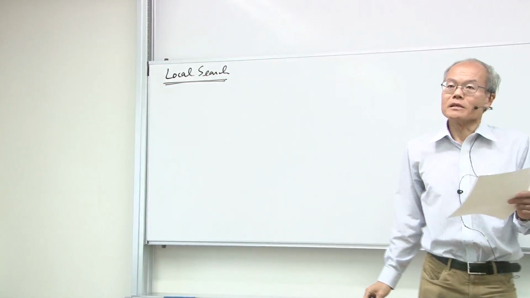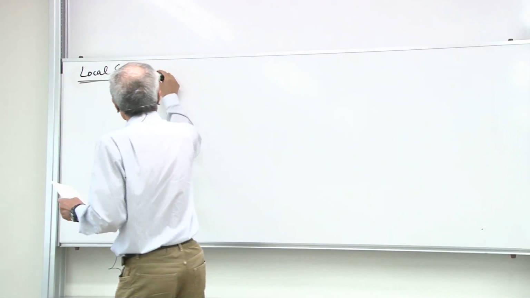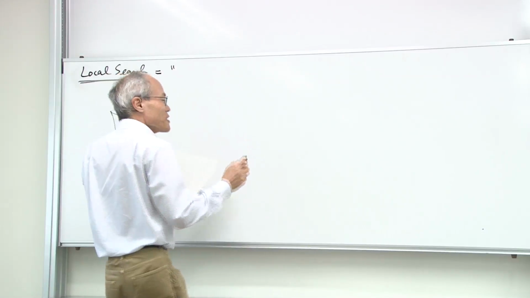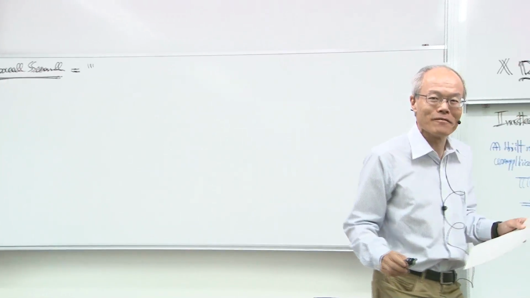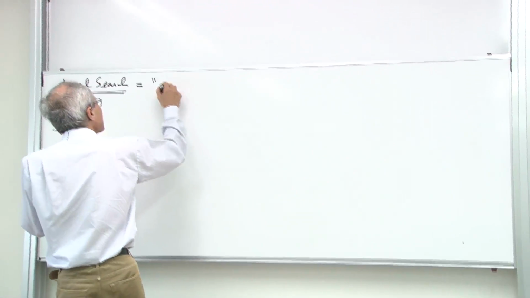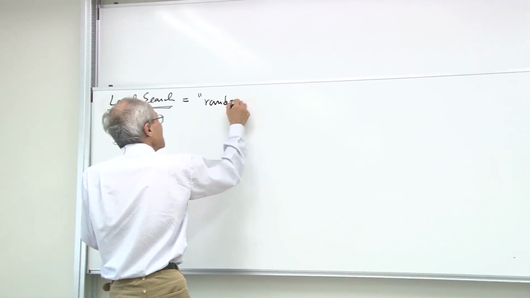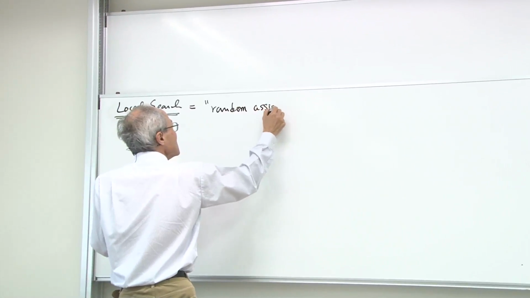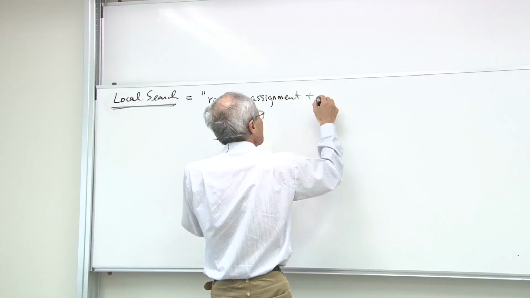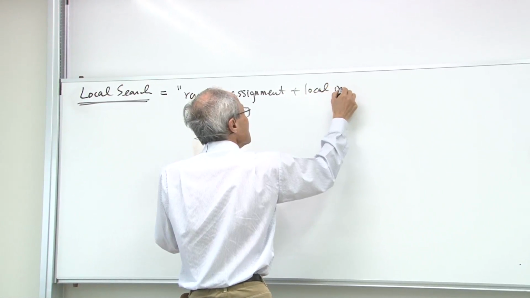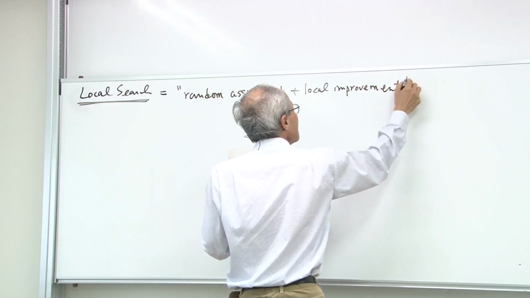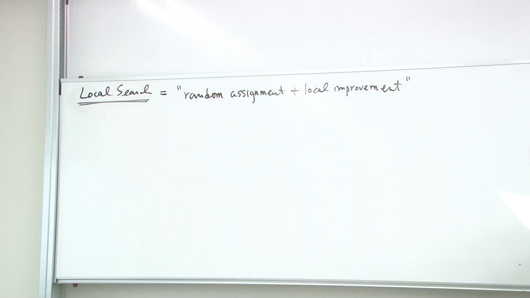Okay, what is the basic idea? The basic idea of local search is, well, I'm not sure if this is a good explanation of local search, but my understanding is local search is something like, okay, this is my understanding.